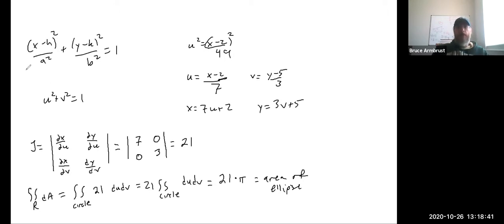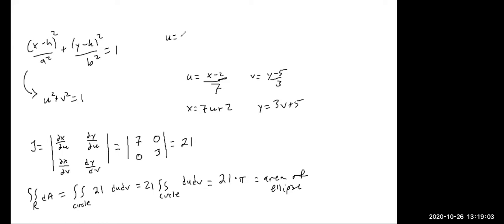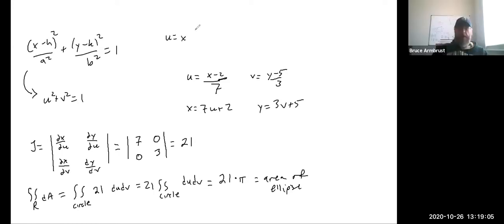But I still want to make it look like u squared plus v squared equals 1. All right, so let's see if we can use what we did here to figure out what our new u would have to equal. So what are we going to want u to equal in this case? X minus h over a. Cool. X minus h over a. And then v.